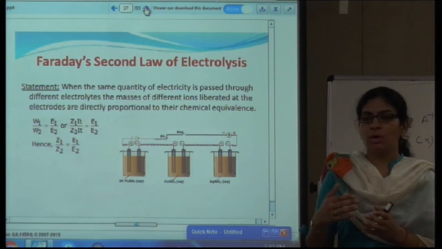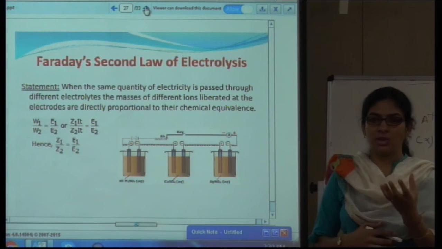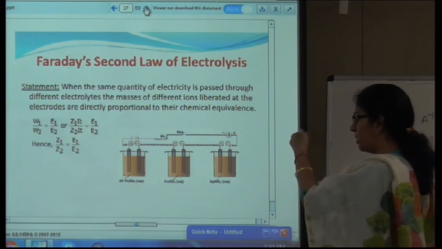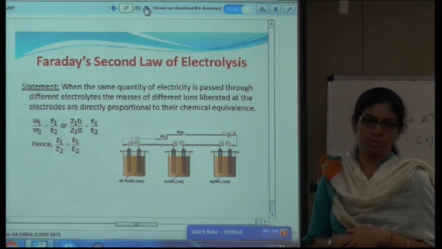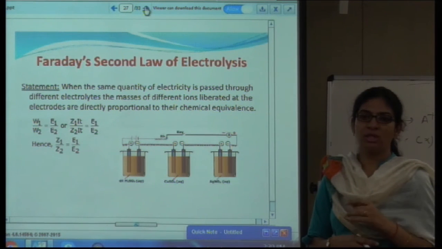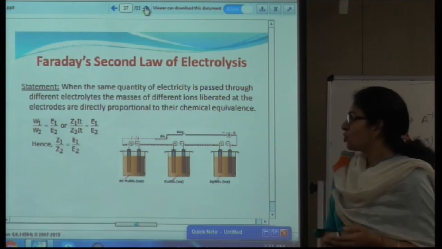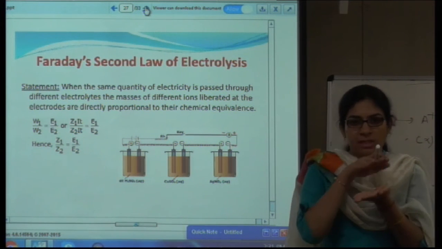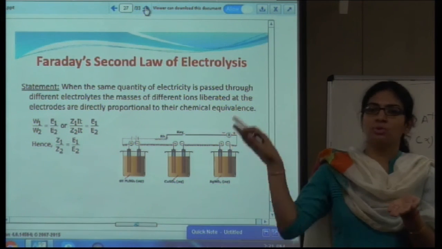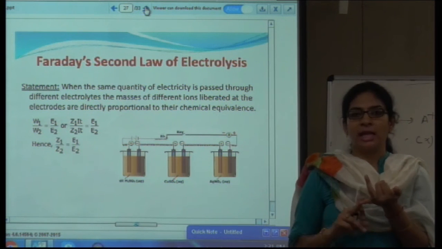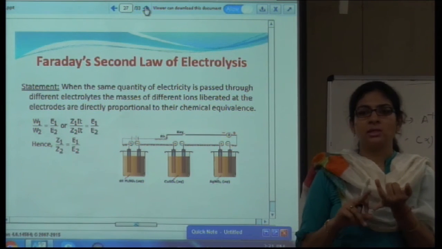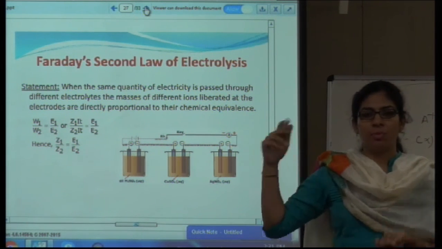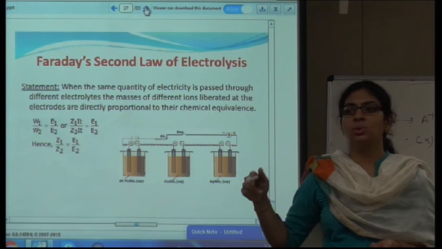No, because this will have some relation to their chemical composition also. And what is that? Means their equivalent weight. So it says that if the same quantity of charge is passed through the solutions in series, then the weight of substance deposited is directly proportional to its equivalent weight.